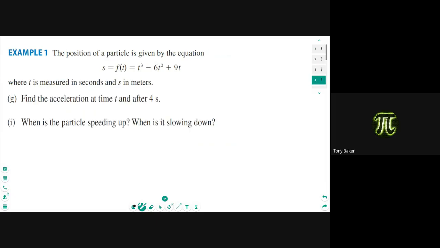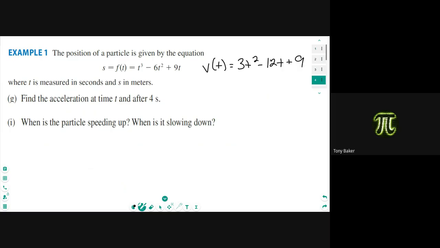All right. What's the acceleration after 4 seconds? So, hold on, I've got to write my velocity equation back. So there's the velocity. So what's acceleration going to be now?